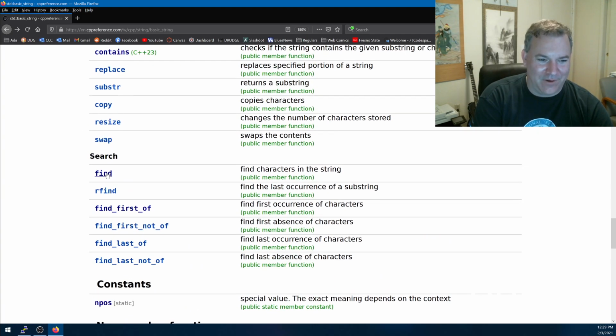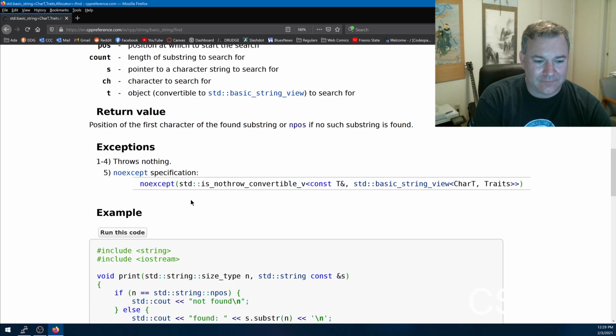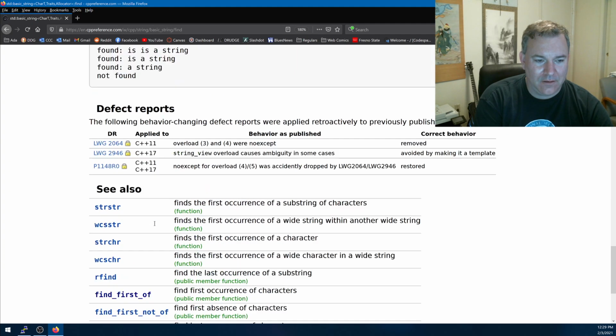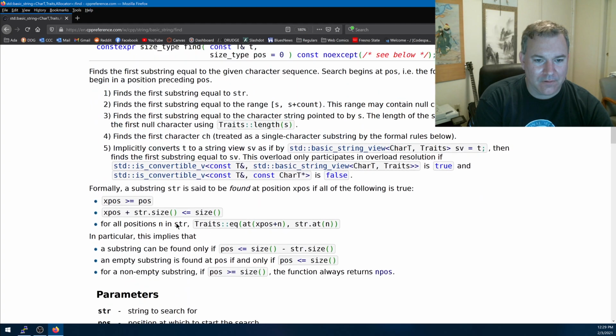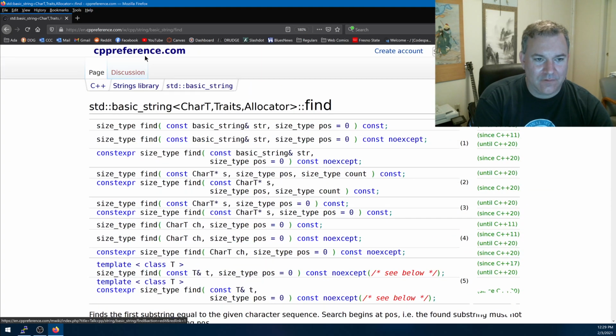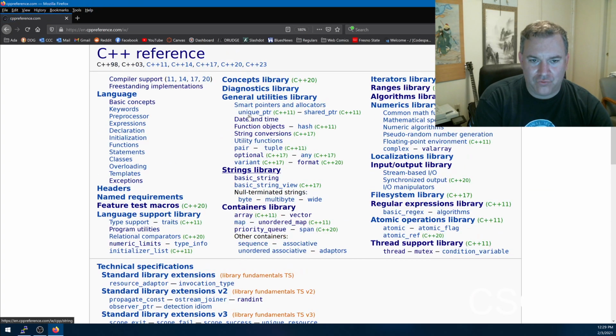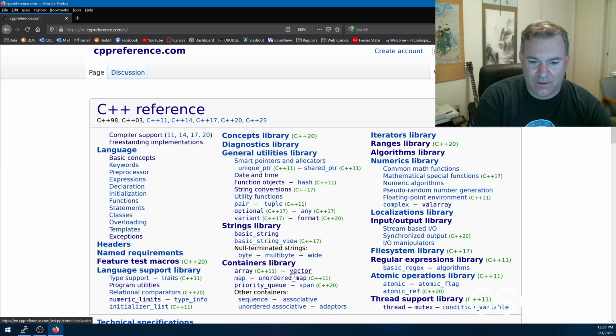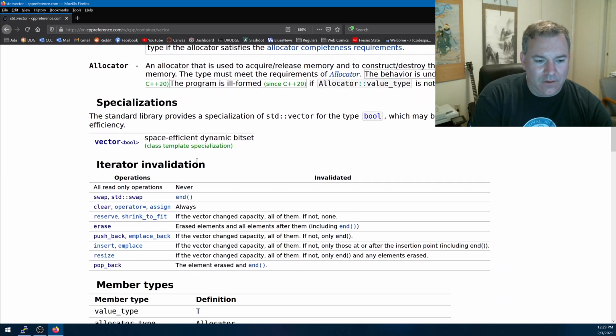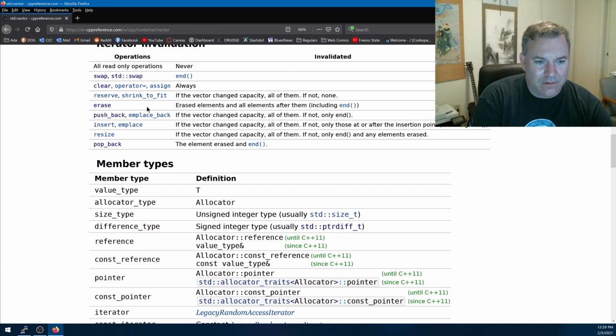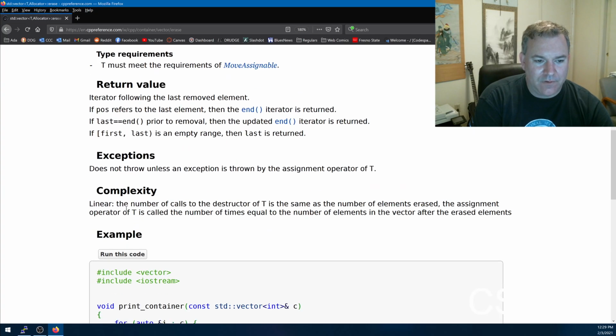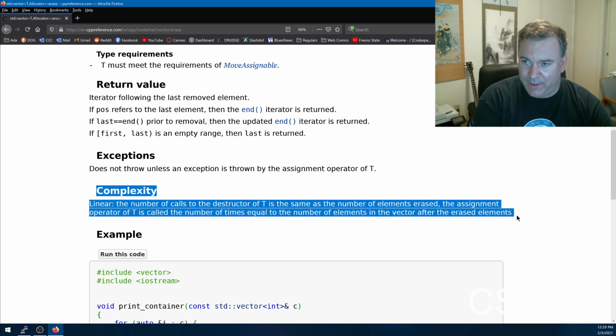But now, what I actually wanted to show you today was the containers library, vector, erase. When we talk about Big O, we talk about time complexity and space complexity.